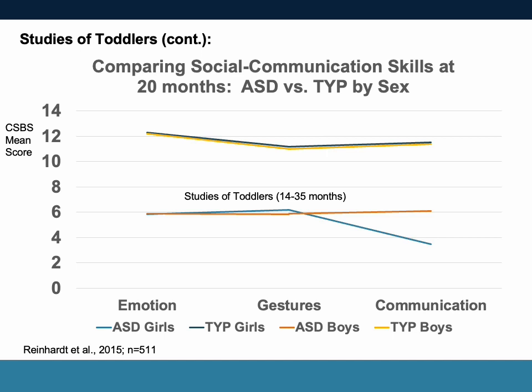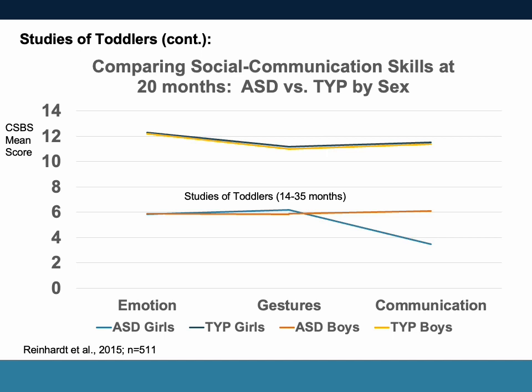What was, I think, interesting about this particular study is they included children who eventually received a diagnosis of ASD, and also those who were typically developing but matched by age. And what you can see on this chart is at the top there, that's where you have the typical girls and the typical boys. So these are mean scores from the Communication and Social Behavior Scales by Wetherby et al. Higher score meaning better social communication skills.